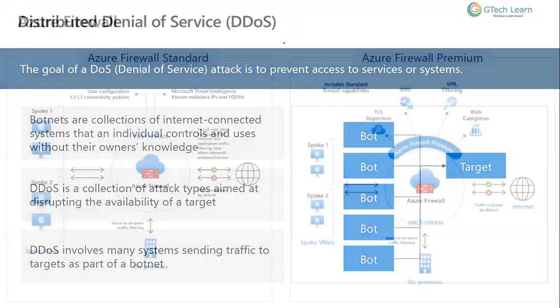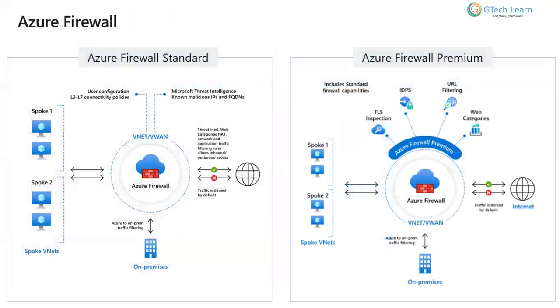Apart from that, we can have Azure Firewall. We can utilize Azure Firewall to provide security to our resources, with different levels of security available. It is a fully managed service from Microsoft that provides layer 3 to layer 7 filtering.